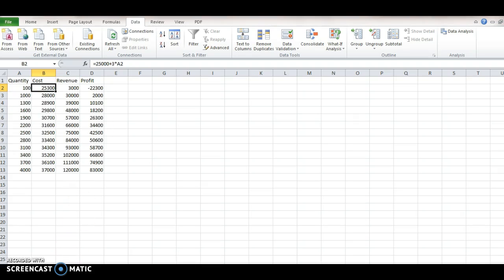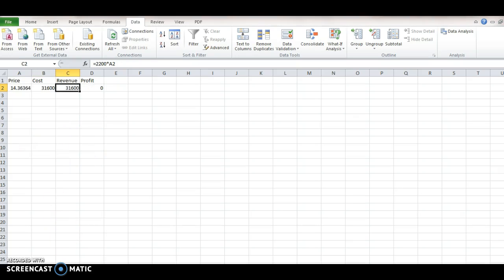So notice if we tried to use the sheet on part 2, we don't have any column that actually gives a price. The changing cell is this quantity, but in this one, what's going on is we're calculating cost, revenue, and profit for lots of different book prices rather than different quantities, but the quantity is fixed at 2,200. So that is that, and I hope that helps you out with the quiz question.